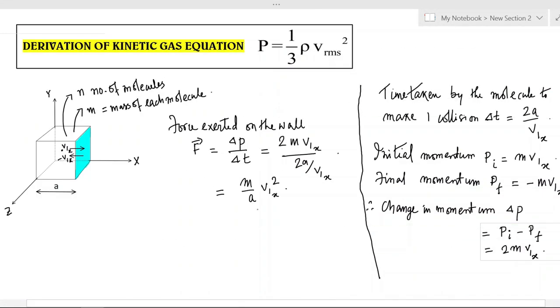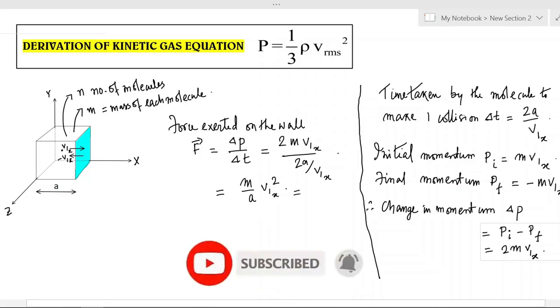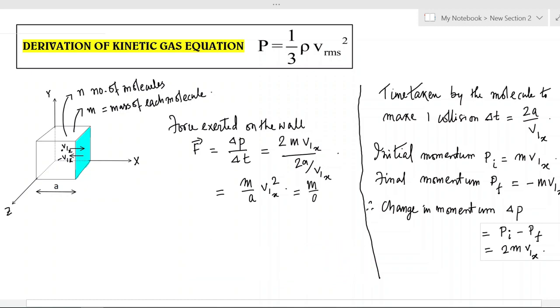So just put that value: v1x square is equal to 1/3 v1 square. So m by a times 1/3 v1 square. Alright.